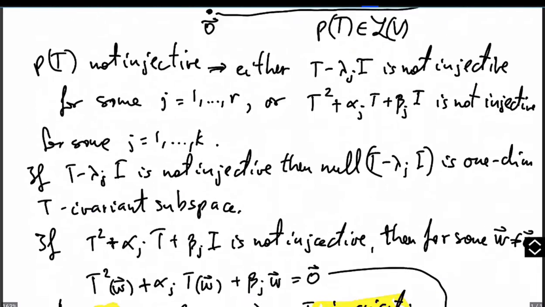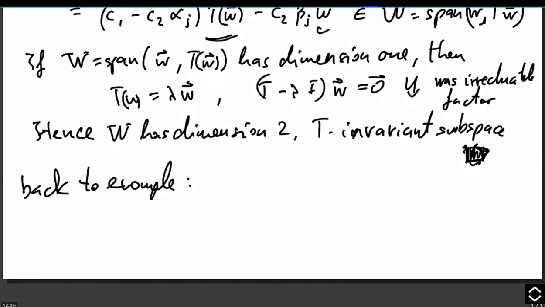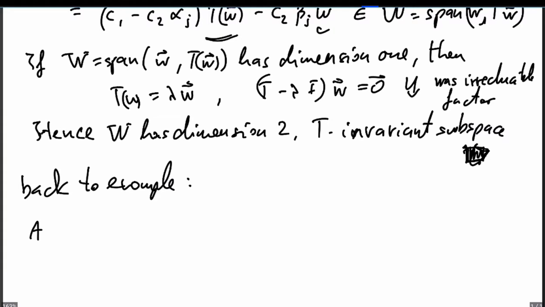So returning to the example, we had again a 4x4 matrix. That means this is a linear operator on the real vector space R4.